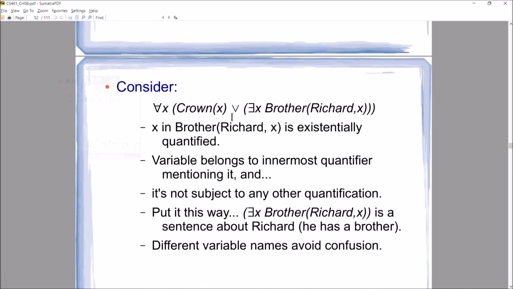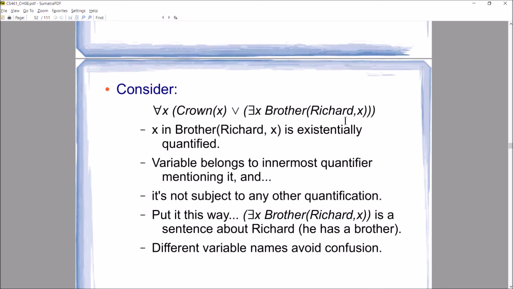It can be confusing when you use the same variable for two different quantifiers. Take a look at this sentence right here. The rule is that the variable belongs to the innermost quantifier that uses it. So right here, this quantifier is inside, in the innermost parentheses.